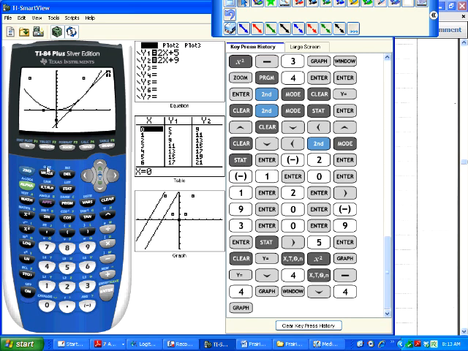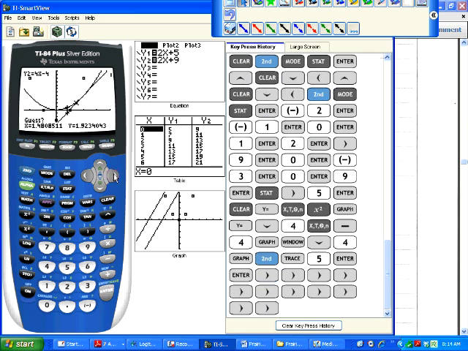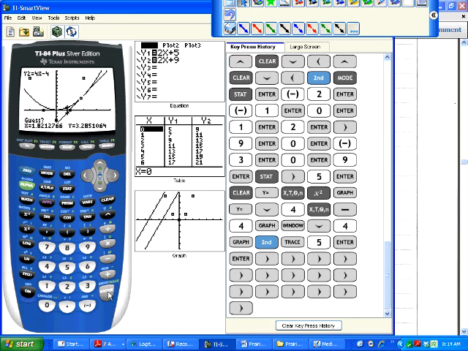So we're going to go to second trace, which is calculate. We're going to ask it for number 5, the point of intersection. My first curve is the y1. My second curve is the y2. And I want to guess, so I'm going to get it pretty close to the point of intersection and hit enter. And it validates, yes, those do intersect at the point (2, 4).